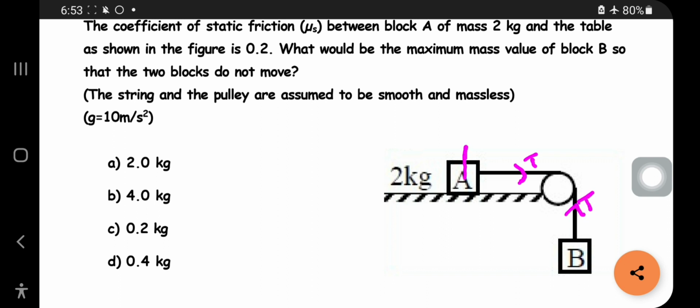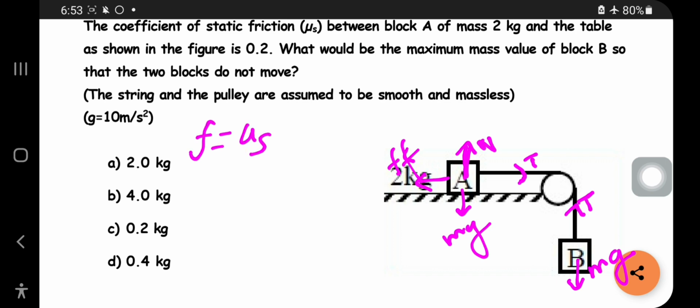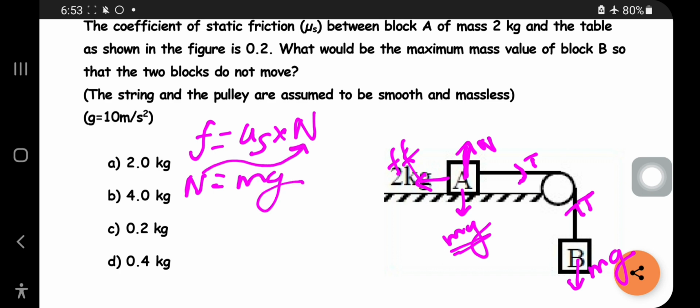Normal reaction will be there if it is on a plane, and mg, the weight due to gravity. This is friction, because they gave static friction, the frictional force. Down also mg will act due to the weight of gravity. So what you should find here is, frictional force is always given by mu static into normal reaction. Normal reaction is balanced by mg, so N is equal to mg. If you substitute this here, you will get mu mg.